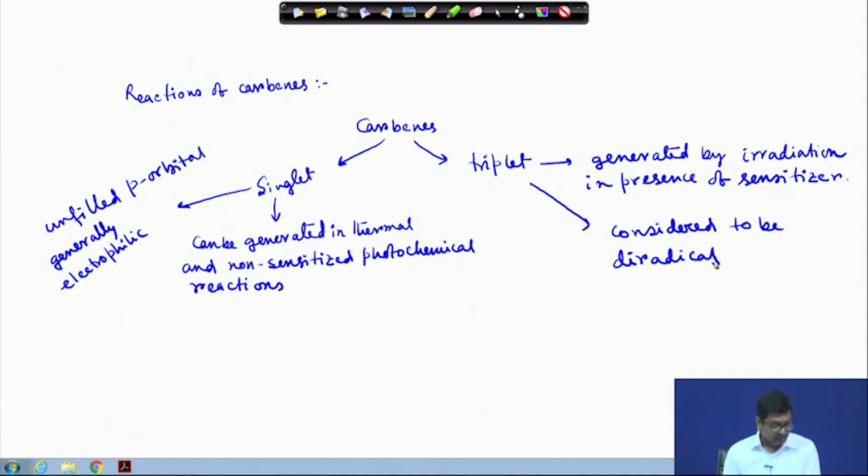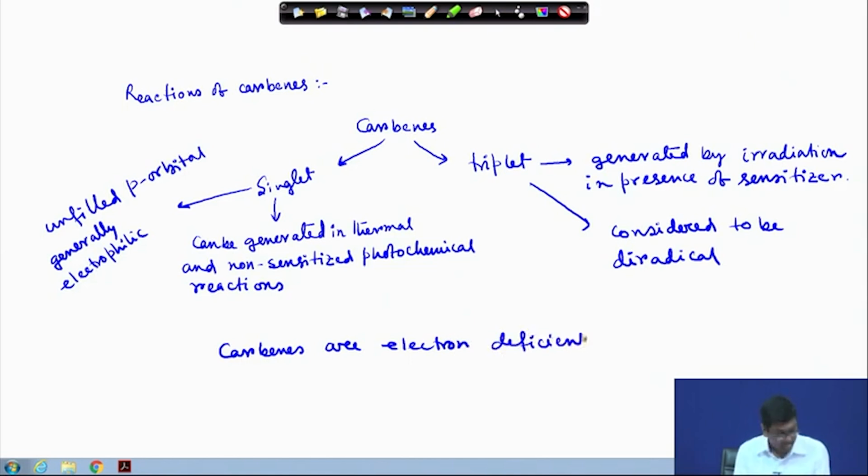In general, what we have learned is that carbenes are electron deficient, so they are electrophilic, obviously in the absence of strong resonance interactions like what we found in N-heterocyclic carbenes.